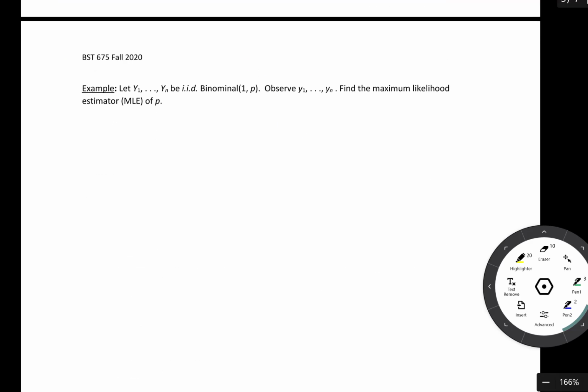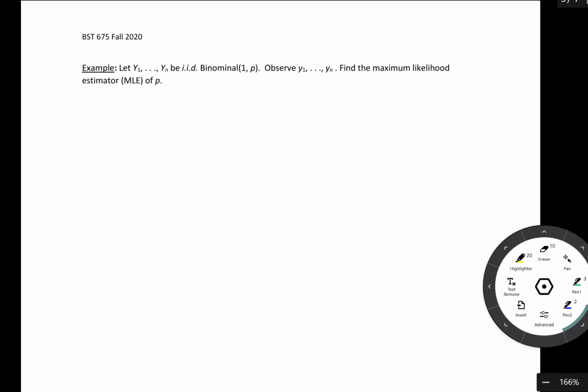All right, so let's look at an example here. We're going to let y1 through yn be IID binomial distributed (1, p), and we're going to observe y1 through yn, and our goal here is we want to find the MLE of p. All right, so we had already looked at the likelihood, so let's write out what that likelihood is.